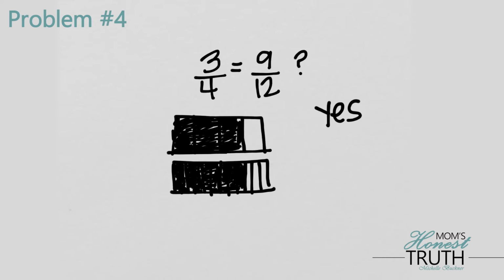And you can see that yes, these fractions are equivalent. Also, if you know how to find a common denominator, we can multiply the fraction on the top by 3 over 3, which equals 9 over 12. So yes, these fractions are equivalent. Great job.